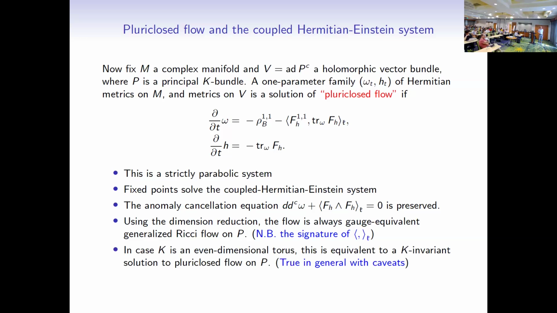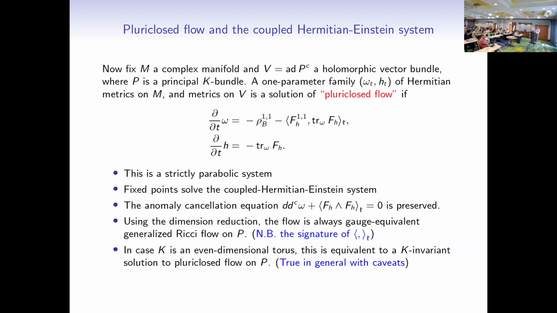This is more or less true in general, but there are some caveats. It's basically true, but you don't get a nice description into invariant pieces in the case the structure group is non-abelian. But anyways, that's maybe not so important.